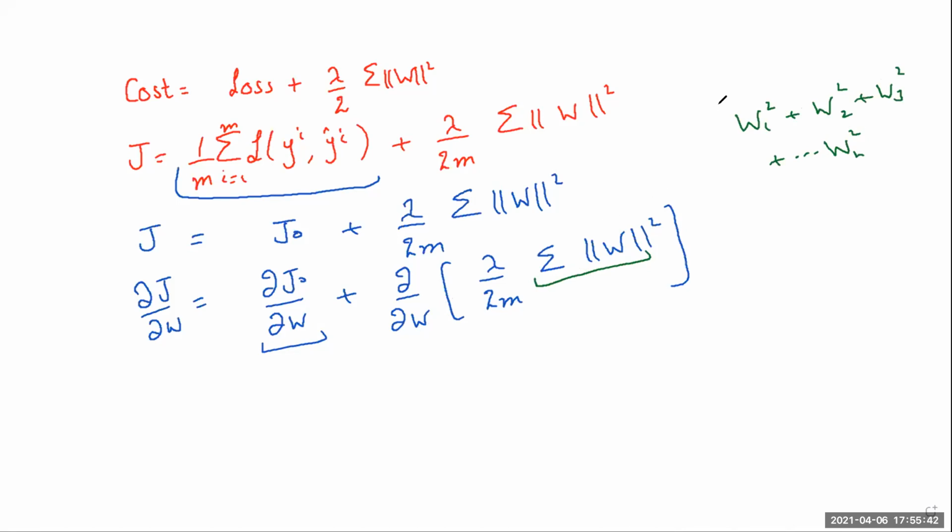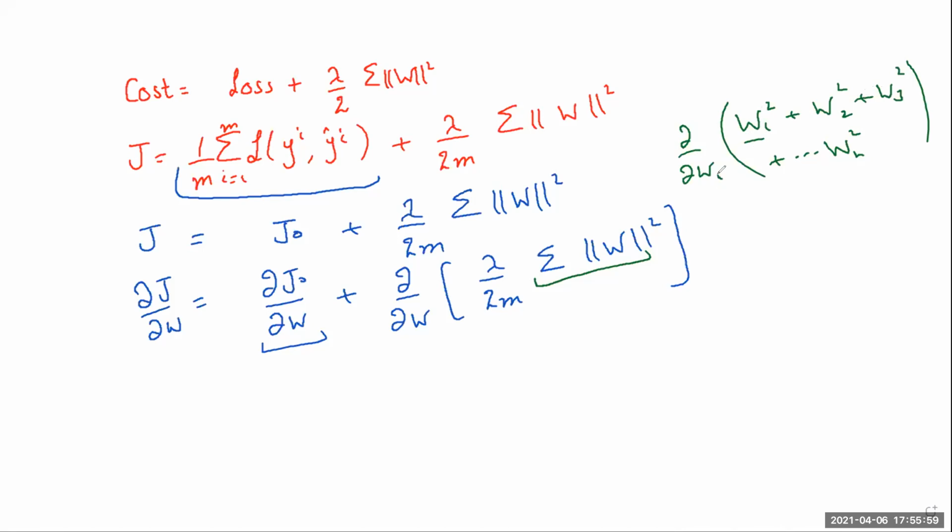Now, if I take the derivative of this expression with respect to, say, W1, what will happen? All the terms except W1 would be constant, their derivative would be 0, and I will only be taking the derivative of the first term, right?